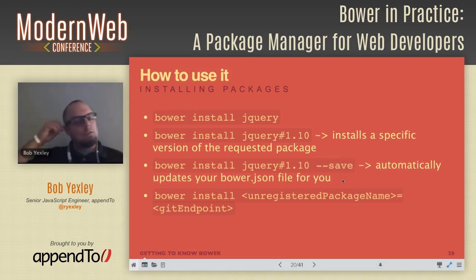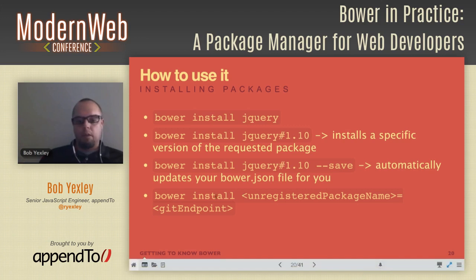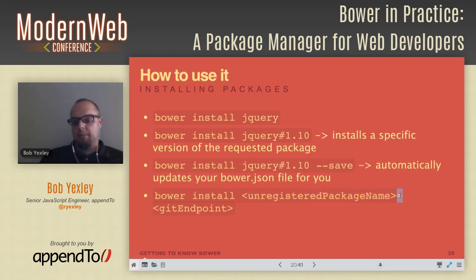And then the other really nice thing is you can also use Bower to install packages that aren't necessarily registered in their package registry. So you can say bower install, whatever you want to call it in your bower.json file, and then equals, and give it the Git endpoint to the package.